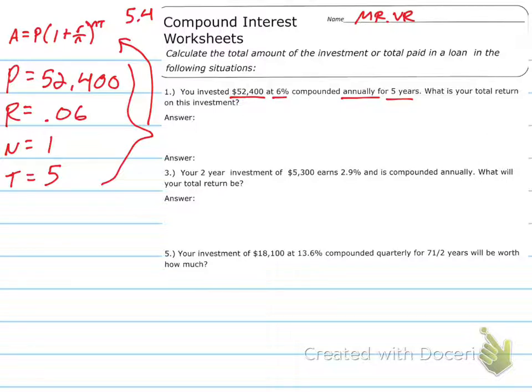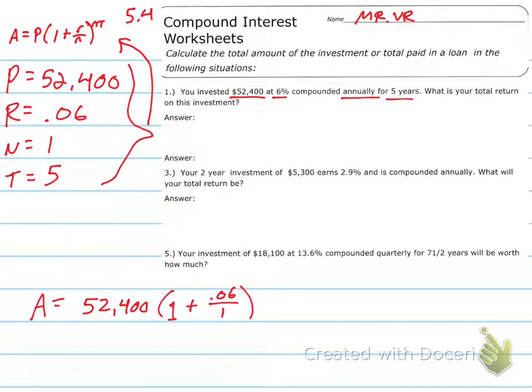So if I'm looking for A, which would be the compound interest, I would have what I initially put down, 52,400, times 1 plus my R is 0.06 and my N is 1.